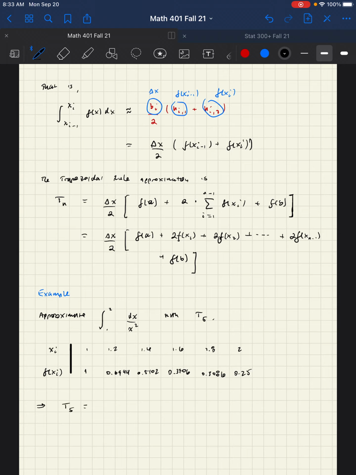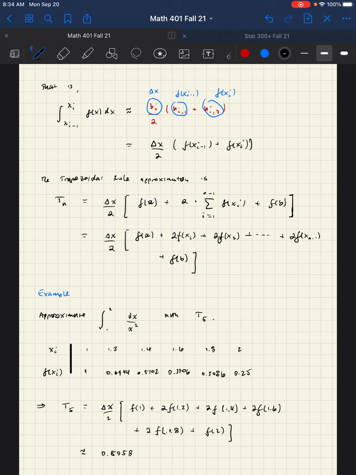Then our T sub 5 is delta x over 2 times f of 1 plus 2 f of 1.2 plus 2 f of 1.4 plus 2 times f of 1.6 plus 2 times f of 1.8 plus f of 2.